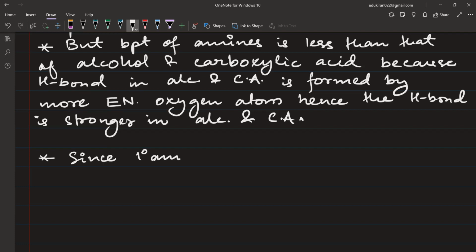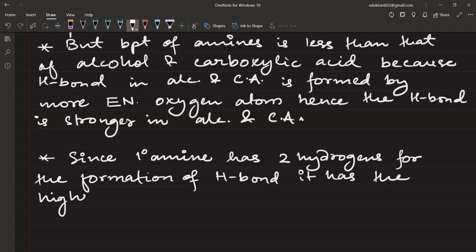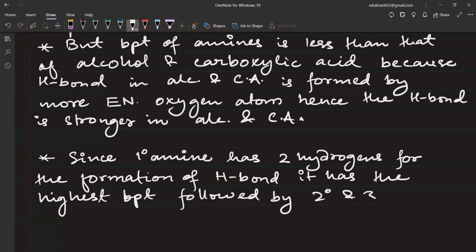Since 1 degree amine has 2 hydrogens for the formation of hydrogen bond, it has the highest boiling point, followed by 2 degree and 3 degree.